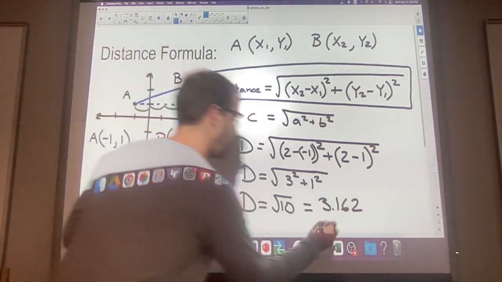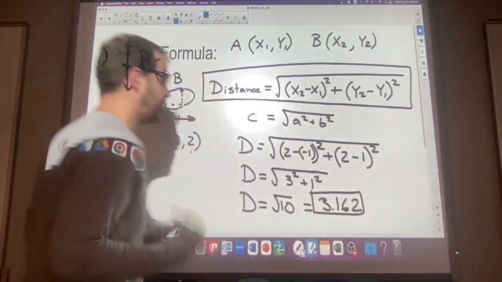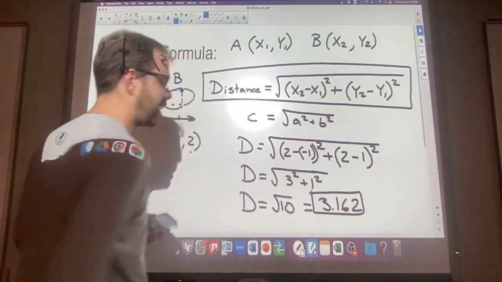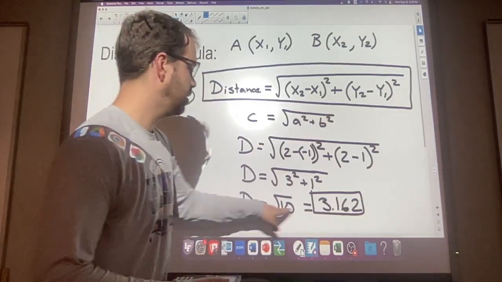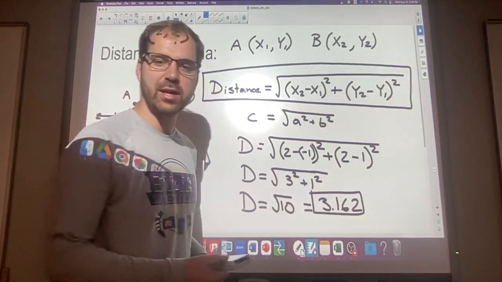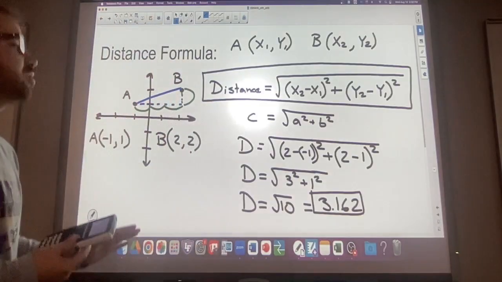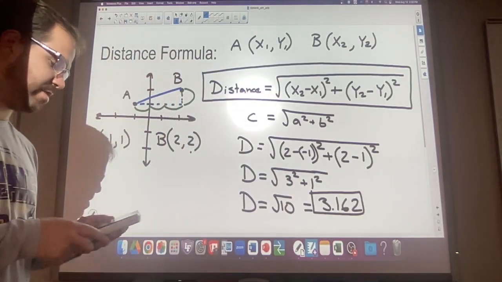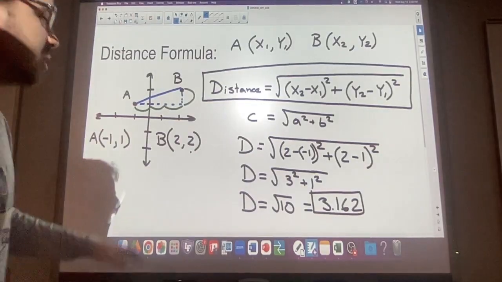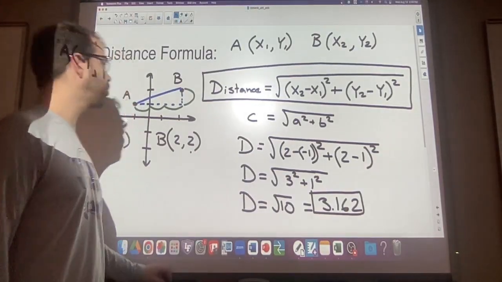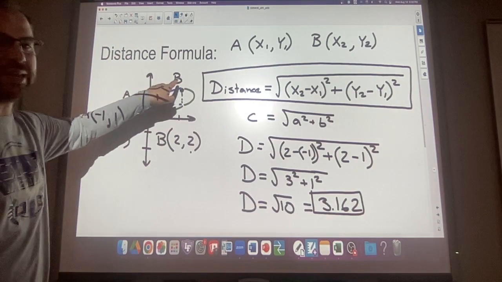That will be my answer. Sometimes the textbook will leave it as the square root of 10, and that's fine, but know where the decimal comes from and why they might leave it like this. That's the distance formula. Like I said, it's a little more difficult, but it's really important because knowing this diagonal comes in handy a lot.